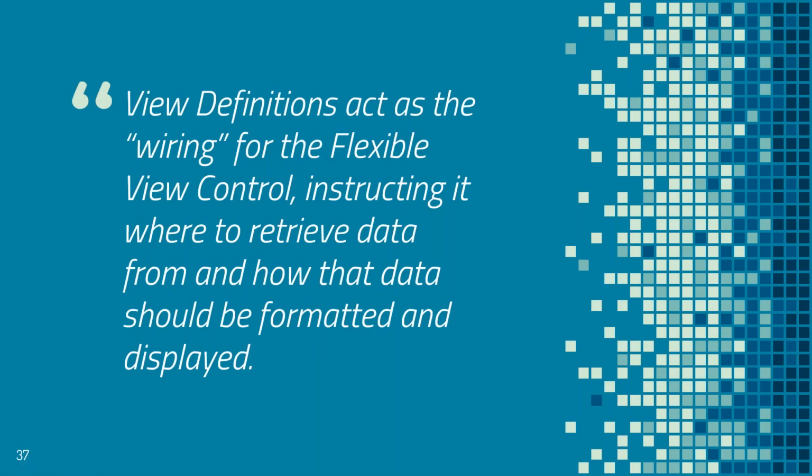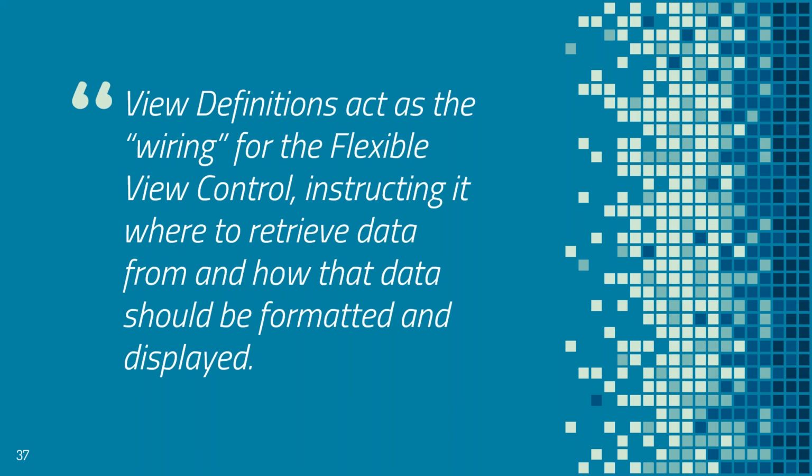So view definitions are probably the most important piece of the flexible view control. As you can see in this little quote here, view definitions act as the wiring for the flexible view control, instructing it where to retrieve data from and how that data should be formatted and displayed.